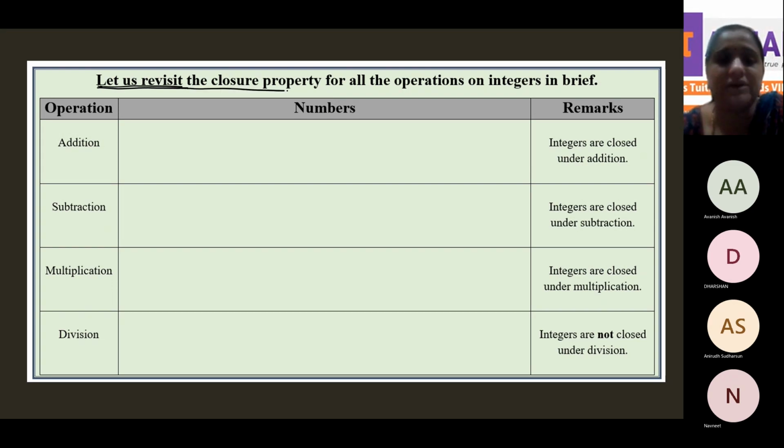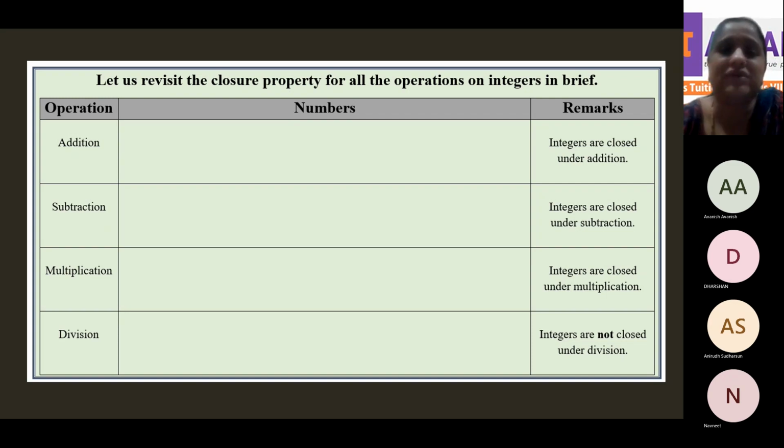The closure property for all the operations on integers in brief. Now we are going to consider only integers. We're going to check the closure property for integers using all the operations.